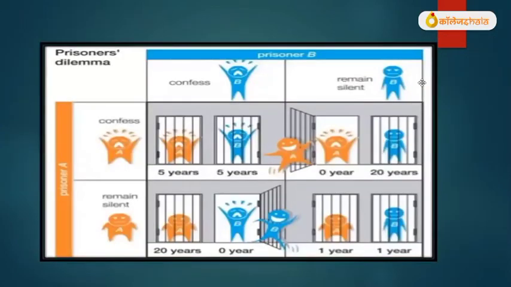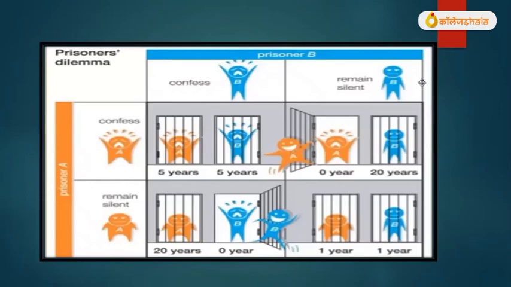See, in this diagram, or you can say table, payoff matrix, whatever it is, we can see there is prisoner A and prisoner B. We are showing prisoner B's strategies in the columns and prisoner A's strategies in the rows.